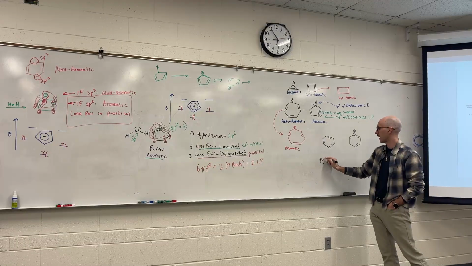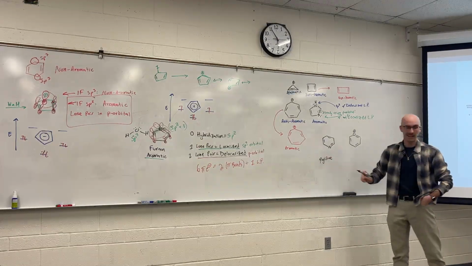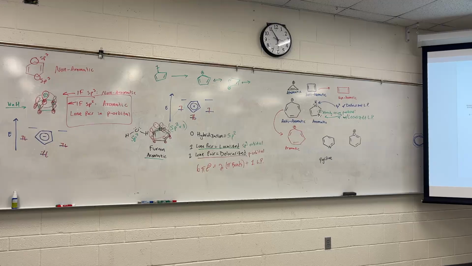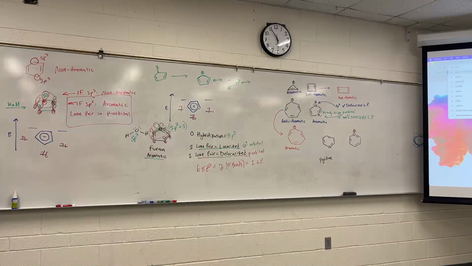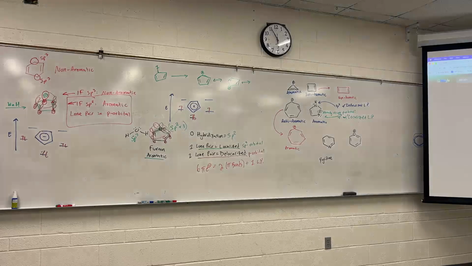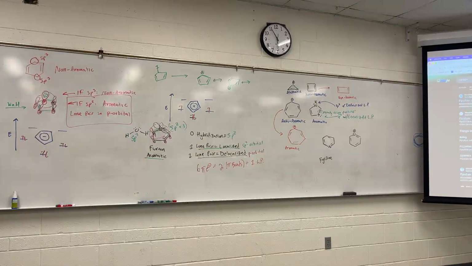This compound on the left is called pyridine. I actually don't have a name for the structure on the right. I don't know if it is its own compound. Yeah, sure. Pyrylium. That's what I was going to guess.